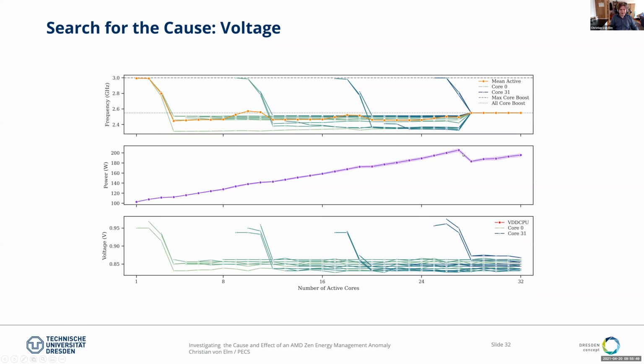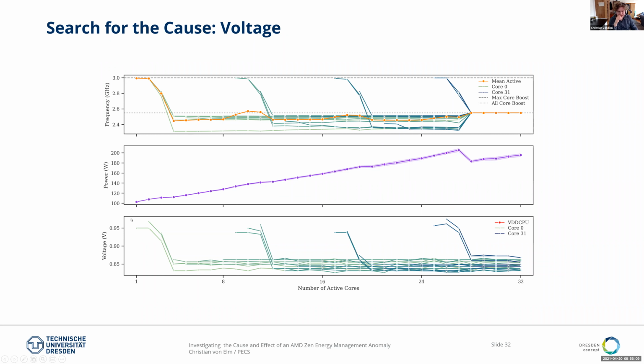So let's take the last parameter into consideration too, and that is voltage. I have charted per core voltage here, and the per core voltage behaves as we would expect it to behave.